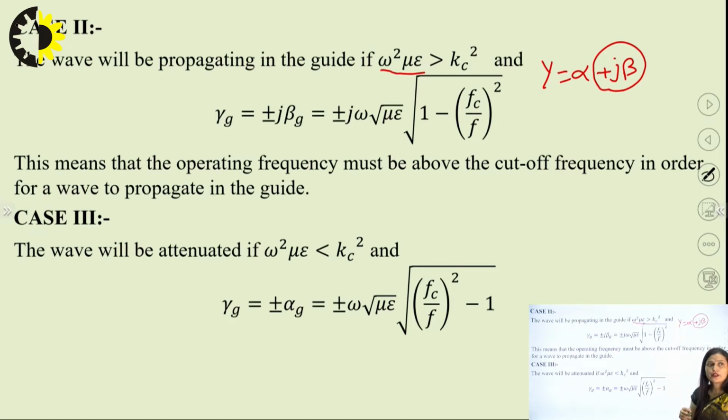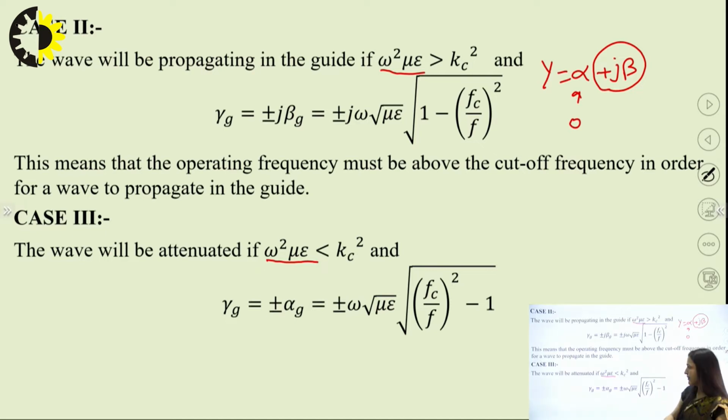It means your wave will be propagated because the attenuation factor is 0 here, and it can again be written as plus minus j omega under root mu epsilon under root 1 minus (fc upon f) square. This means that the operating frequency must be above the cutoff frequency in order for a wave to propagate inside a waveguide.